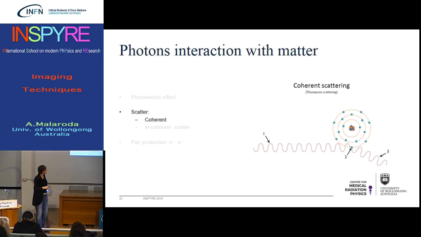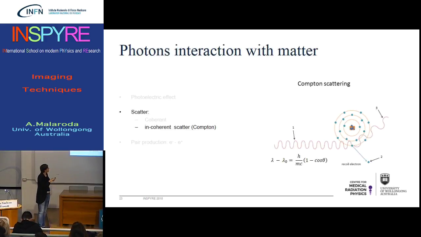interaction. And then we have Compton, or incoherent, scatter, where the photon comes in and interacts with an electron, but this time the electron is knocked out of the atom. So the electron will acquire momentum and energy.